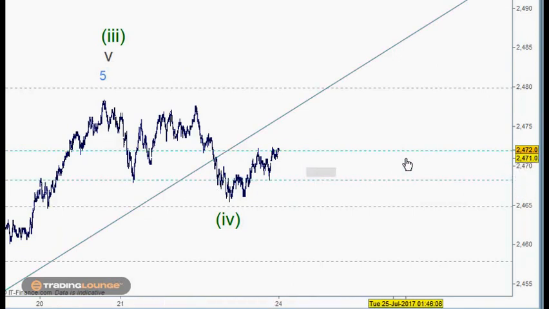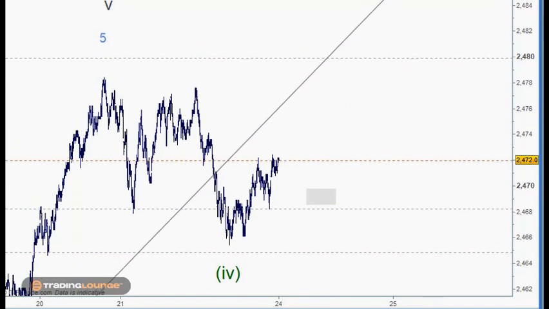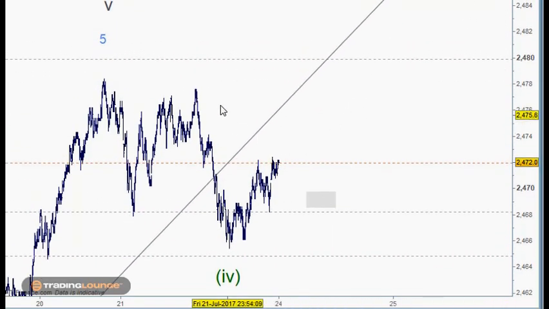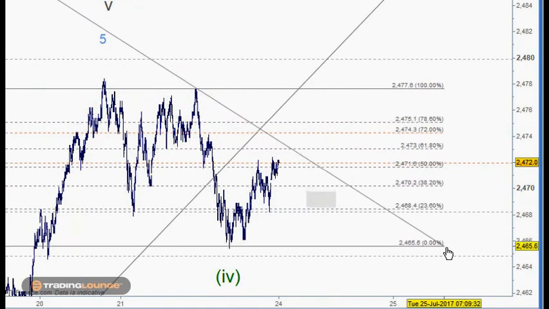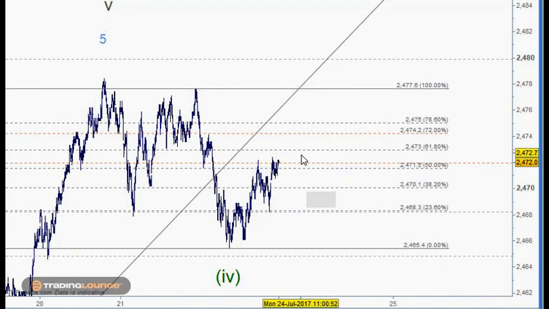So basically, in a nutshell, 2472 of support will get us to the upside there. What we can also do here, of course, is just look at the last structure here. So that 2473 area here is where it's likely to fail, mirroring that little consolidation in here and the support here and so on right through here.